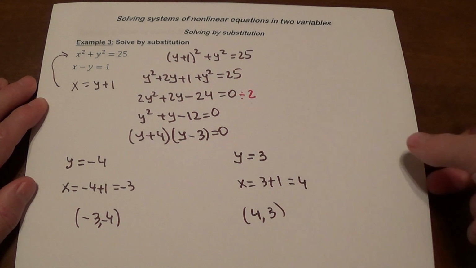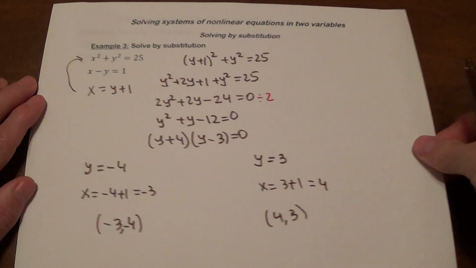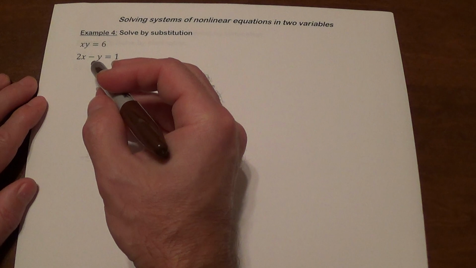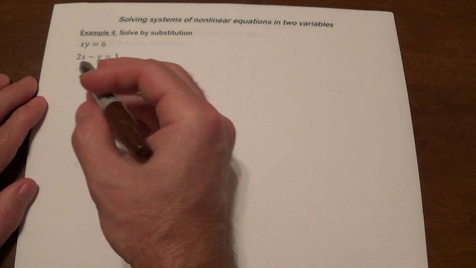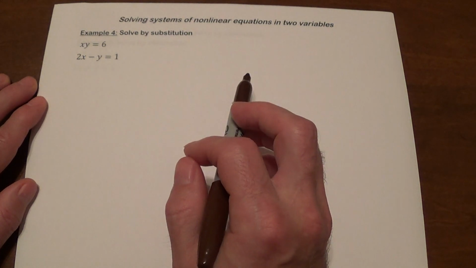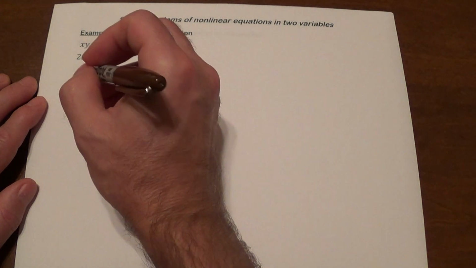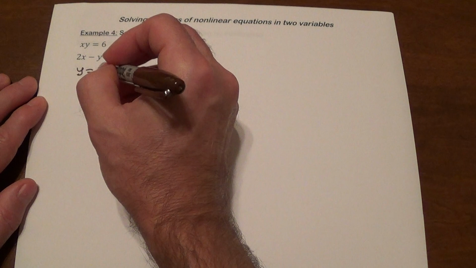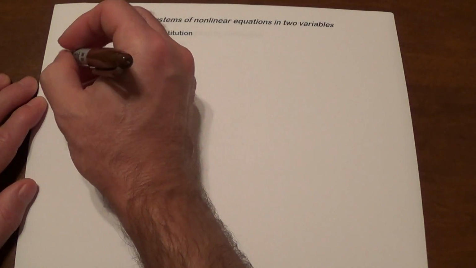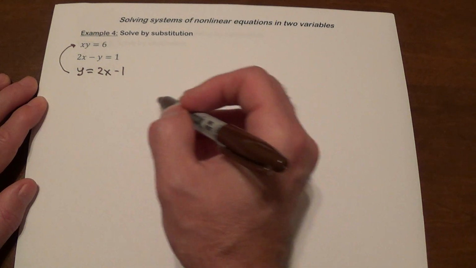Alright. Next example. Just like with the previous one, it is easier to take the linear equation, the second equation, and solve it for y. So y = 2x − 1. And then we're going to substitute that into the first equation.